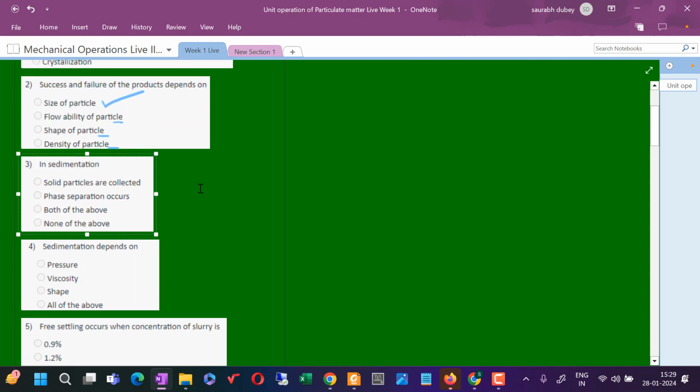In sedimentation, solid particles are collected, phase separation occurs, both of the above, none of the above.